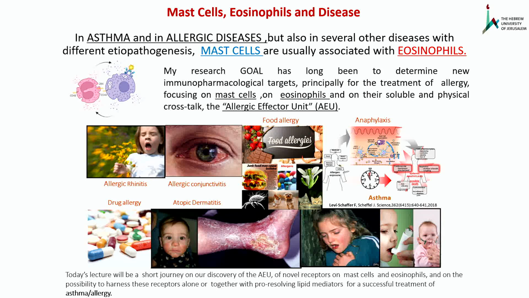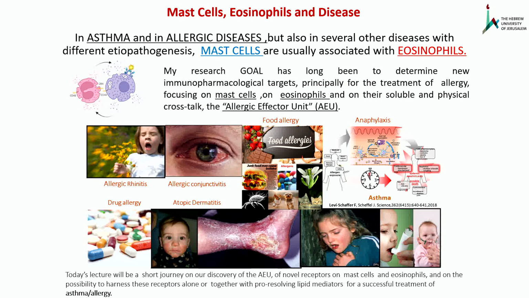Another thanks is to the previous speakers that explained so well about all the players in allergic diseases, possible players, cell players, mediators, and so on. So I can go quite quickly with some of the slides.